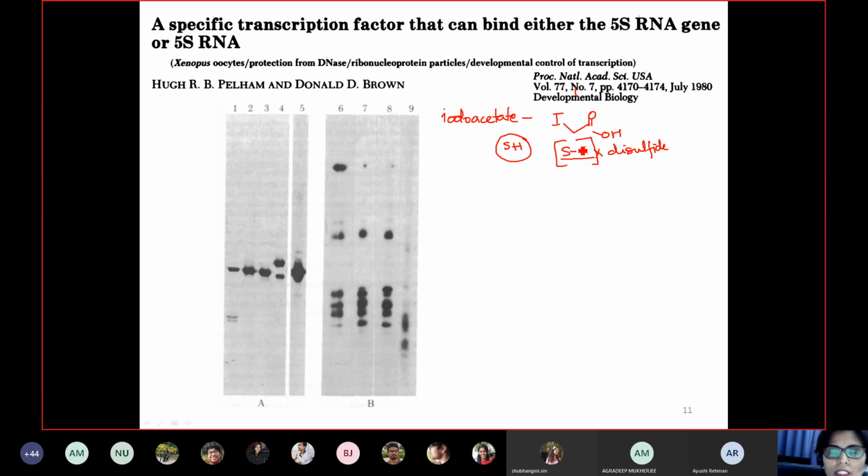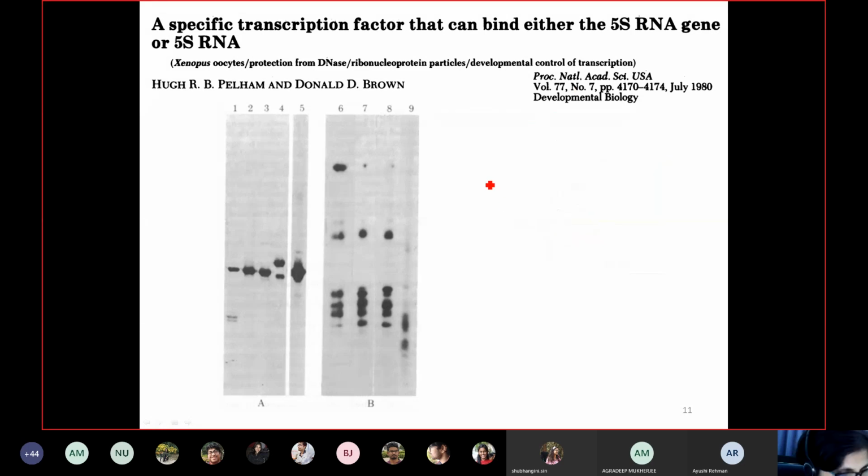But this is an irreversible agent, which modifies these sulfhydryl groups and doesn't allow the disulfide bonds to recombine and reform. So this is how iodoacetate works. So this is important. So this is one thing.